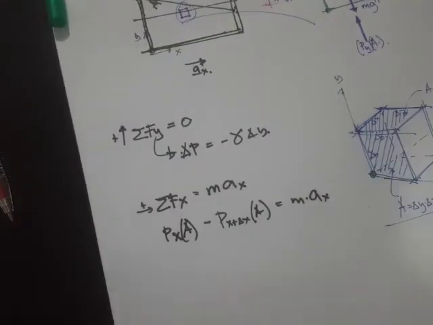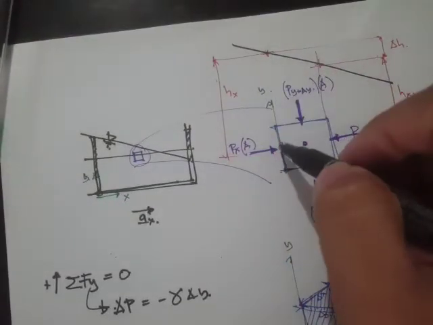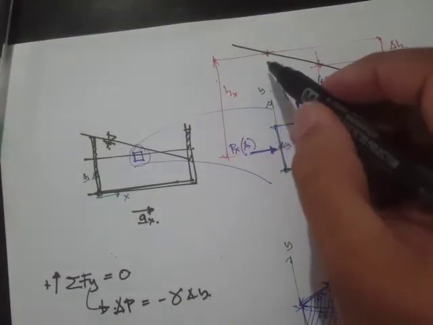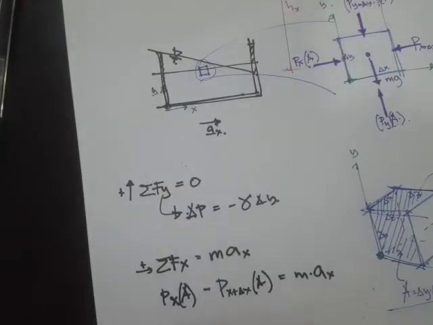Now the pressure is the same as in the hydrostatic equations: the unit weight times the height. So the unit weight of the fluid times the height, h x, times the area. And what is the area?